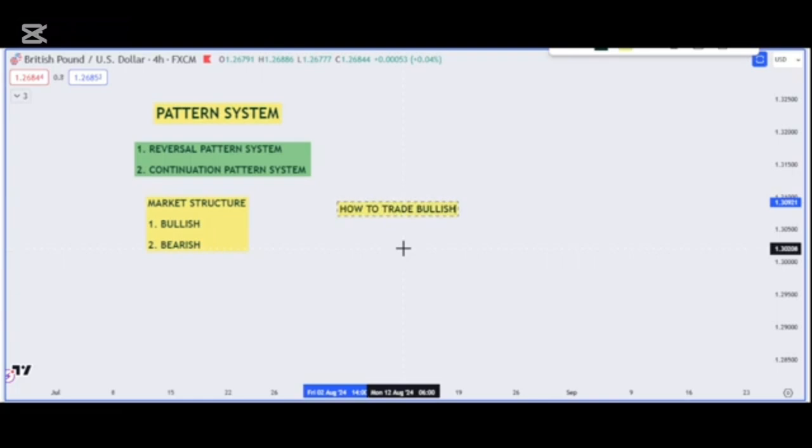Let me just use abbreviation: bullish continuation pattern, that is BCP, bullish continuation pattern system.